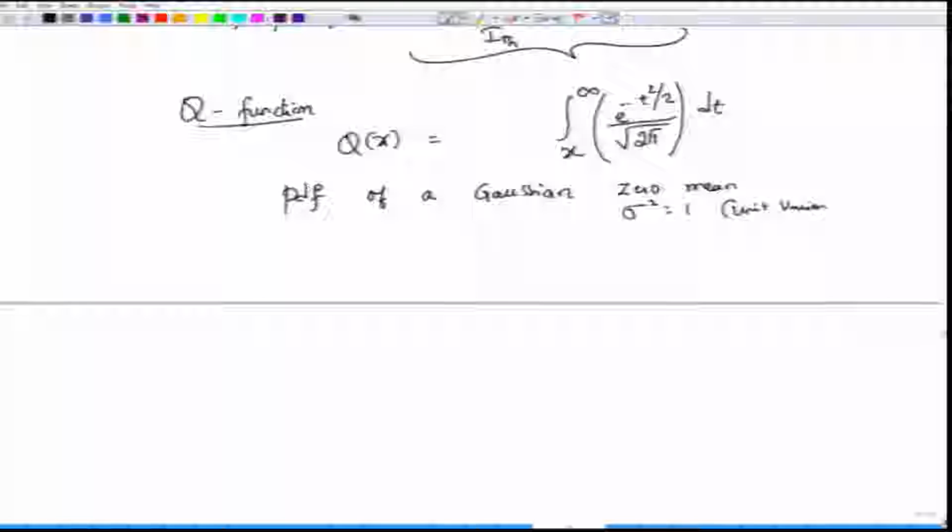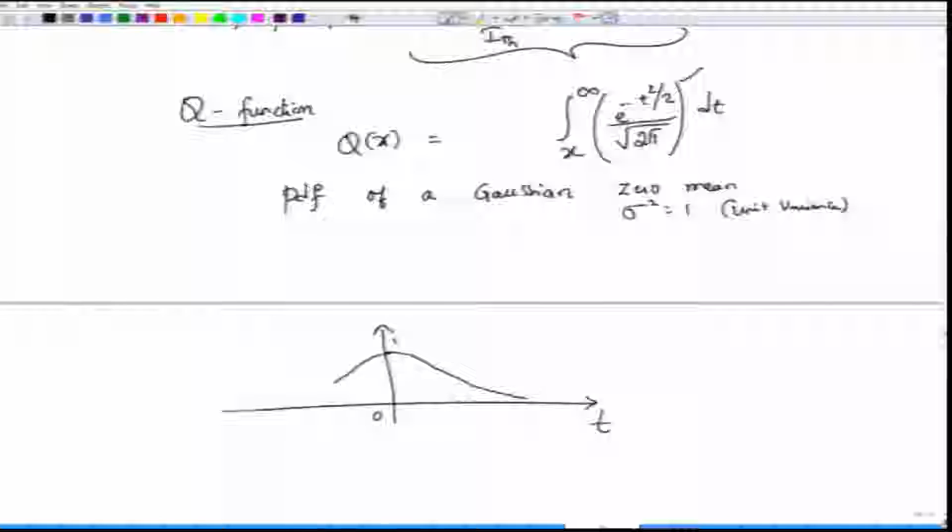So, it has 1 unit of variance and it is 0 mean, which means that if you sketch this function in the bracket as a function of t, you would see that it is centered at 0, at which point it will be at its peak, and thereafter it would decay for higher values of t on the positive side as well as on the negative side.